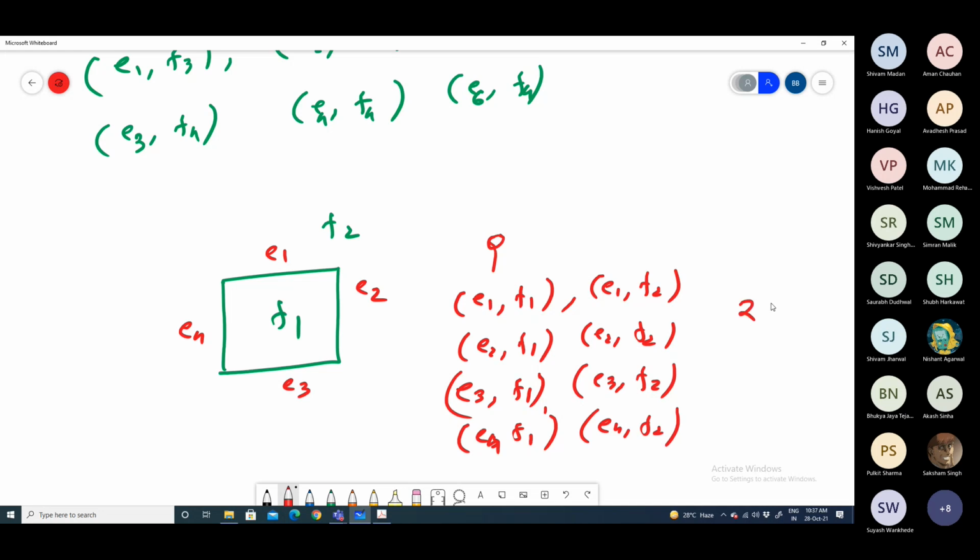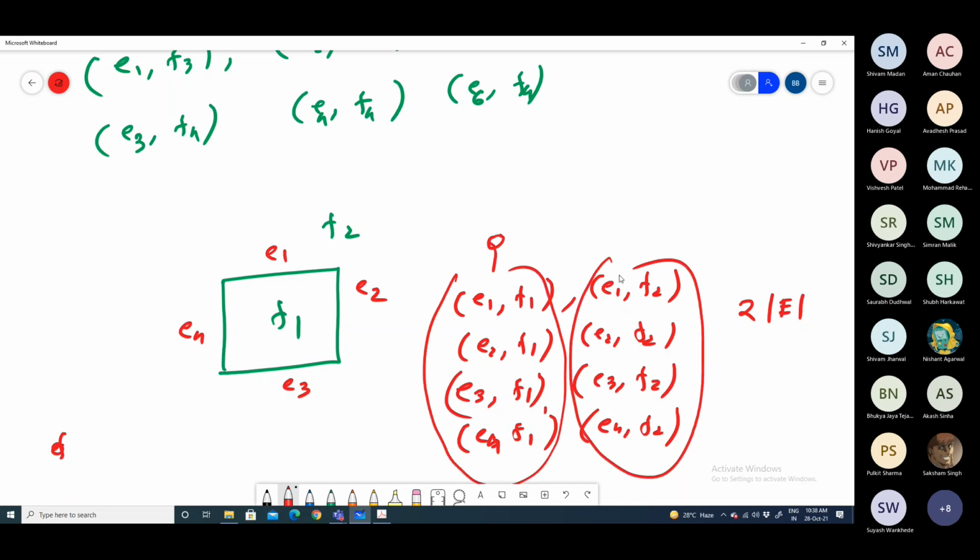So you get 2 times E, right? And if you first count F1 and count in this way, you have 4. So in this way, you have 2 times E, but this number is bigger than or equal to 3 times F.